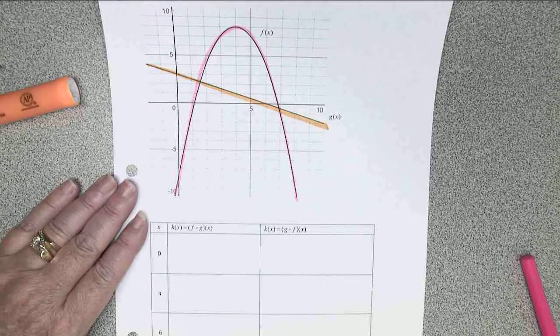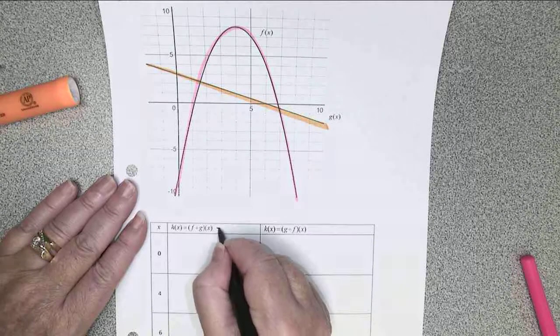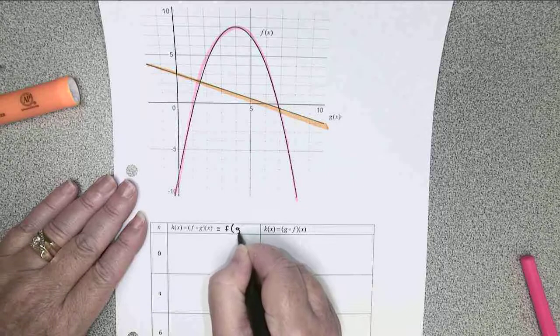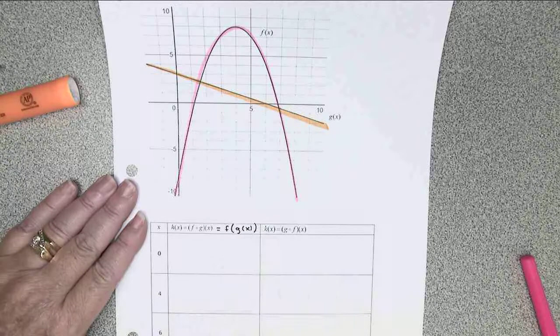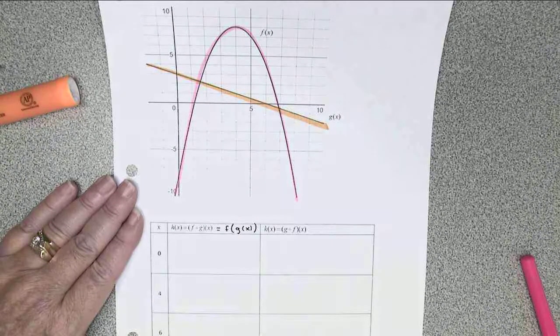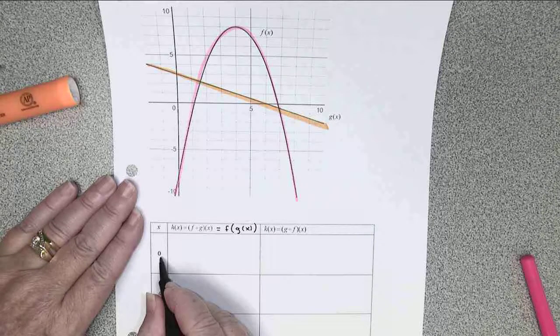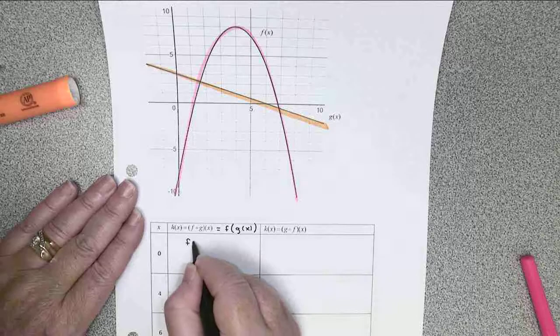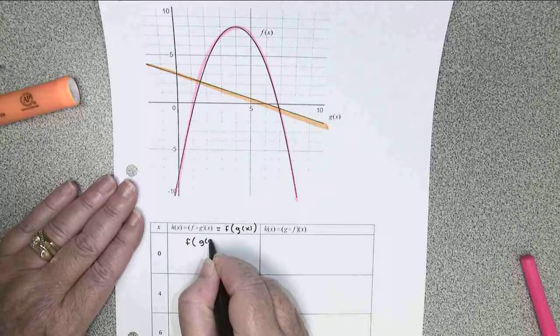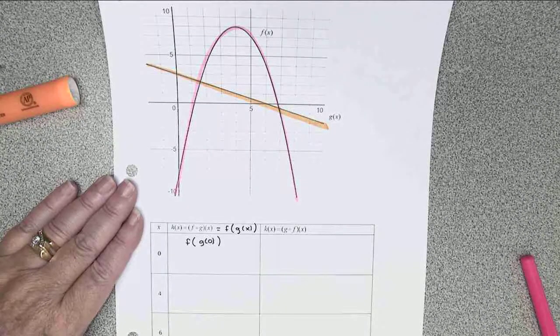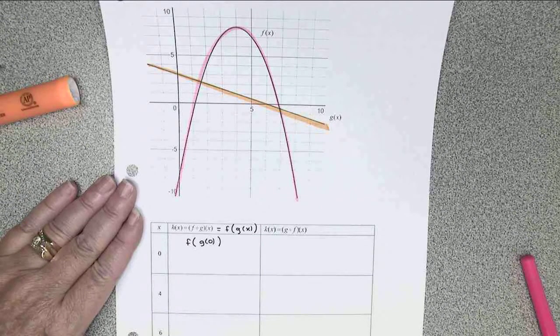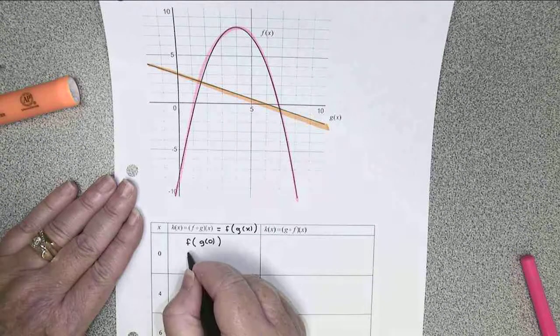All right. First of all, I'm defining h of x as f composed with g of x, or f of g of x. If I'm going to plug in 0 for my x value, I would have f of g of 0. Now, g of 0 I can read right off the graph.